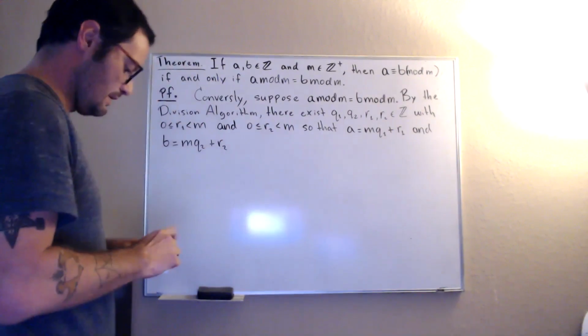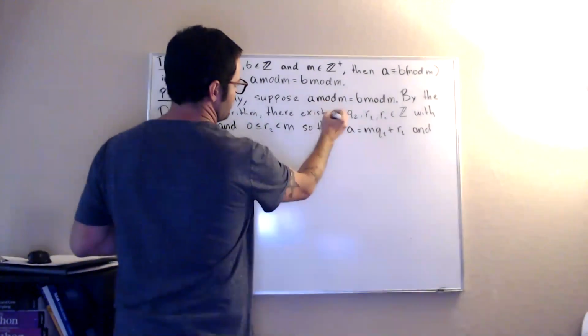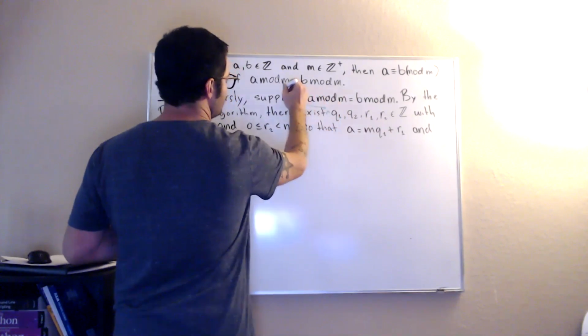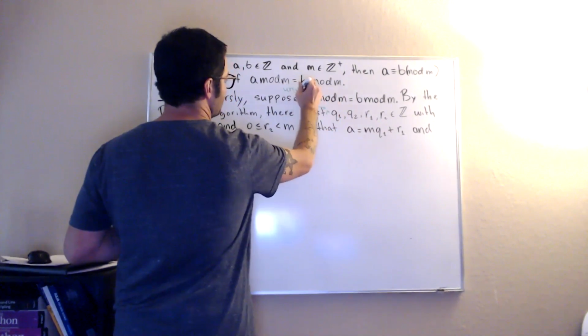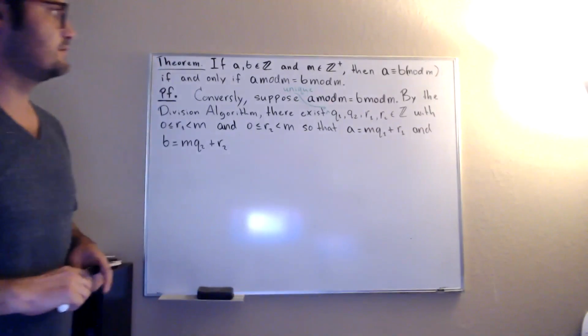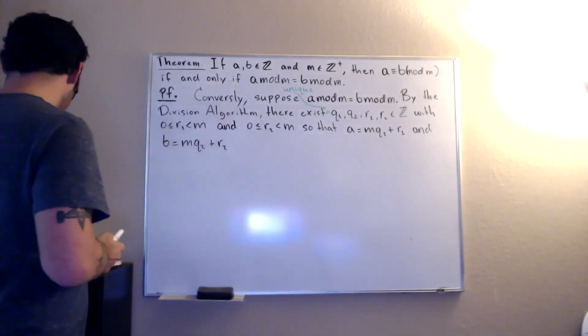Oh, I didn't say, I should have said unique integers. That's important. So there's these unique integers q1, q2, r1, and r2 that satisfy this by the division algorithm.